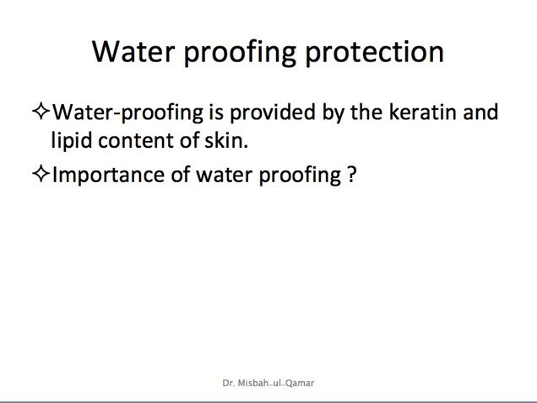Right. So, how does our skin provide protection through waterproofing? This waterproofing is provided by the keratin and the lipid content of skin. You already know that the epidermal cells are riveted tightly together by the desmosomes, and these desmosomes interconnect with the intracellular keratin filaments to form a strong and cohesive covering.